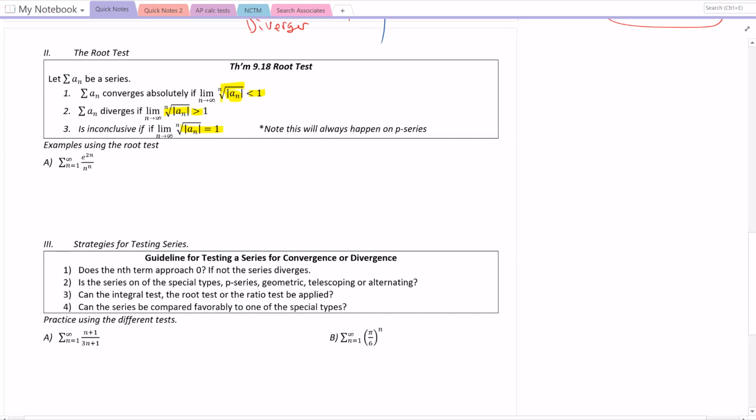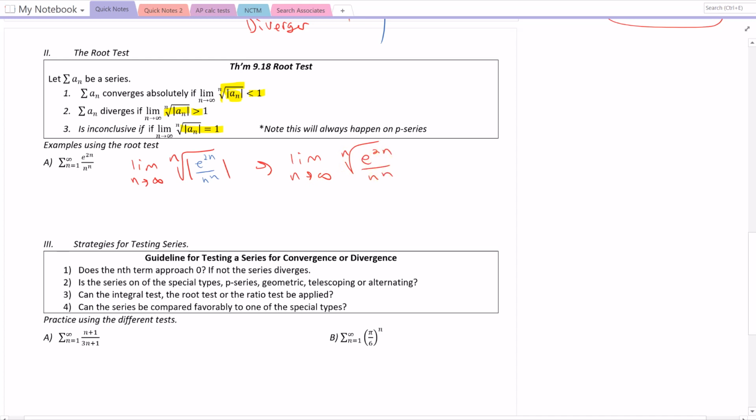What we need to do is take the limit as n goes to infinity of the nth root of the absolute value of our little explicit formula there. So we're taking that. And there's no negatives here, so we can just ignore those absolute value symbols.